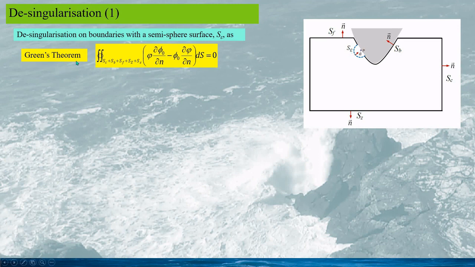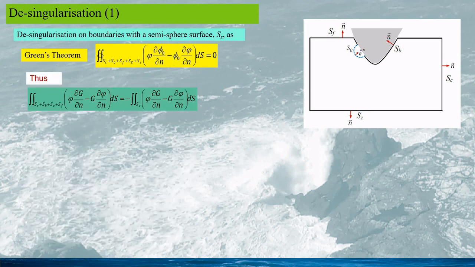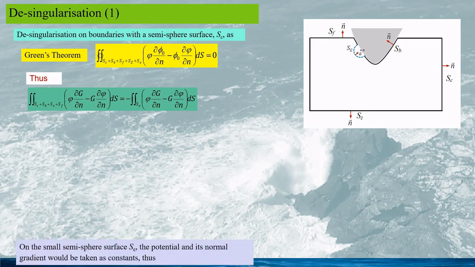So the Green's theorem is given by this. Thus, we separate the integration for surfaces. We have this. Now, we will see how we can get the integration on the small semisphere.